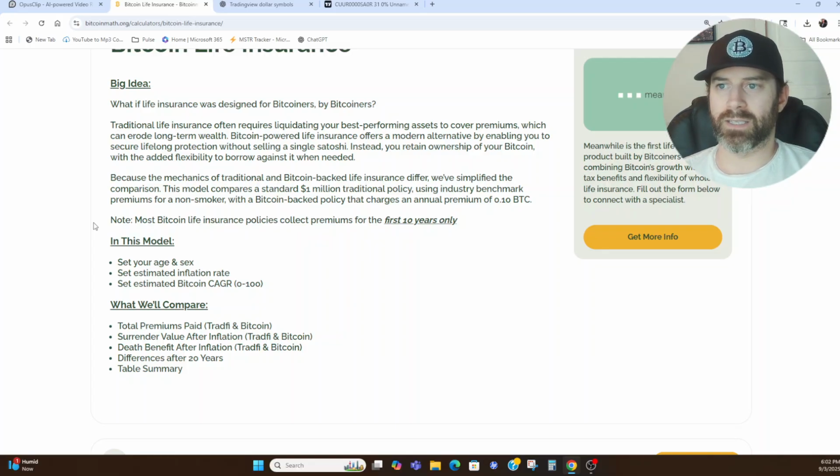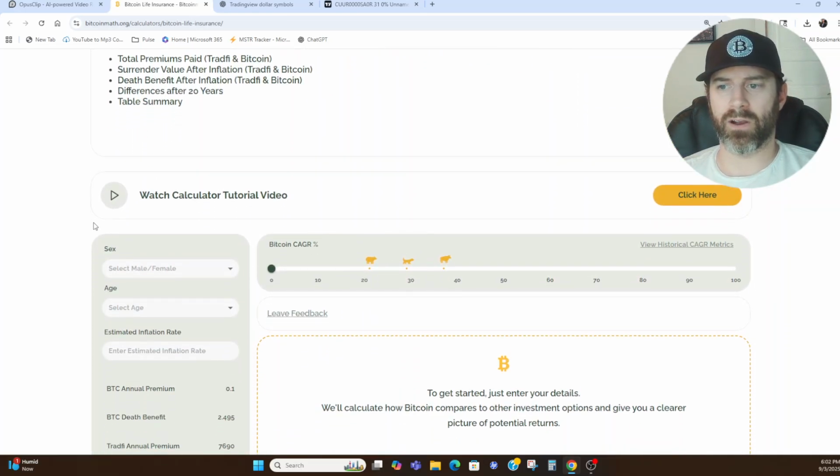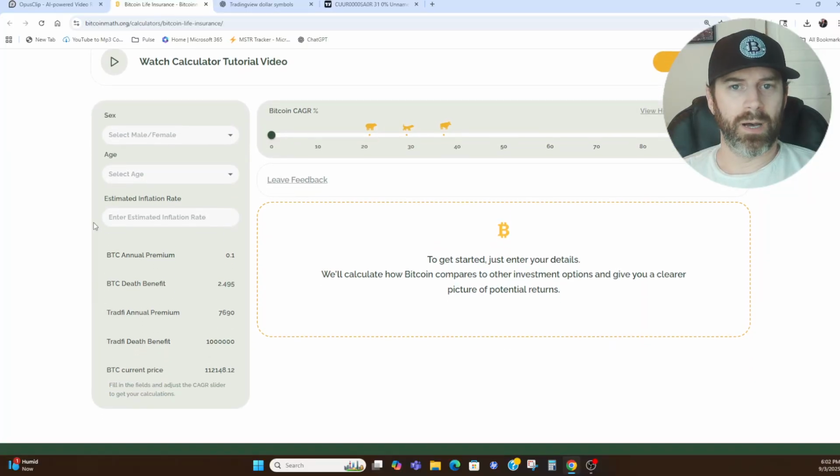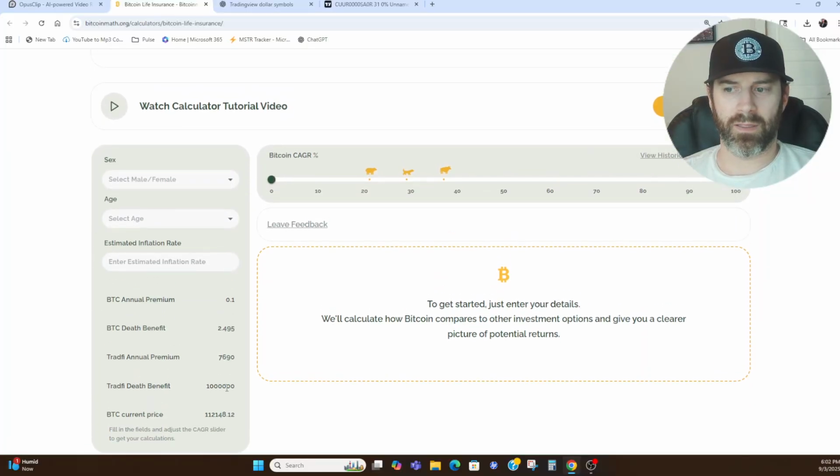Now, in order to make this simple, we've compared a traditional life insurance policy that has a $1 million death benefit to an entry level Bitcoin policy that has a 0.1 Bitcoin premium cost per year.